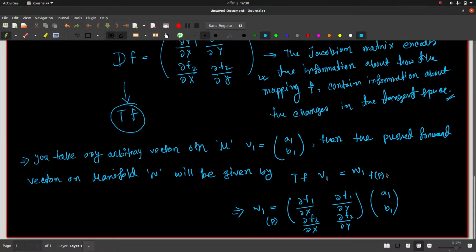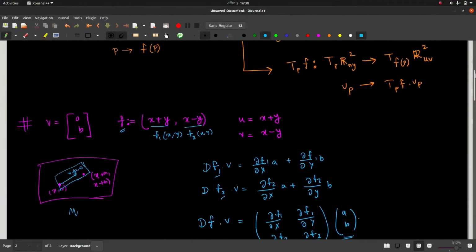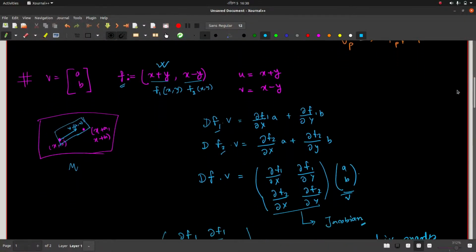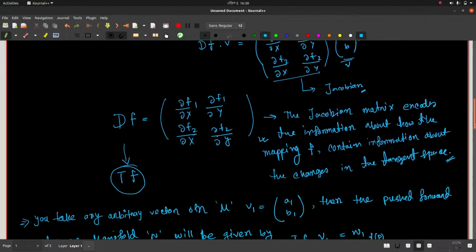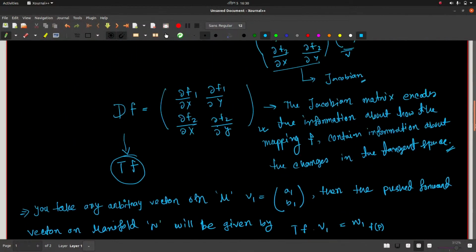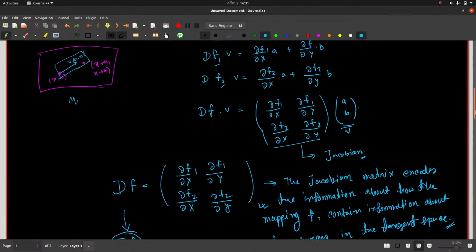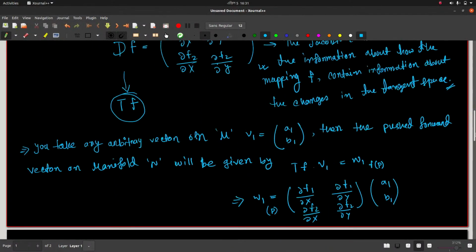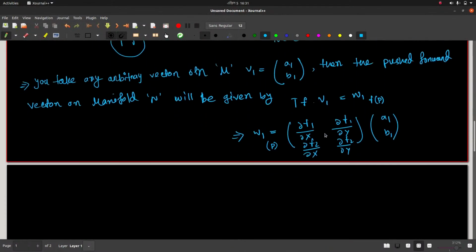And now we will see a very simple example, and we will consider this mapping that we talked about earlier. We just introduced it, but we kind of went ahead with the more general notation. So if you consider this mapping, then you can easily find out that the Jacobian is nothing but the following. So your Jacobian matrix, or T of F, is just 1.